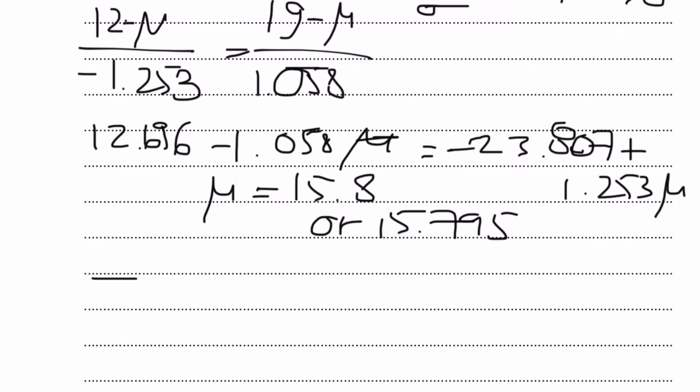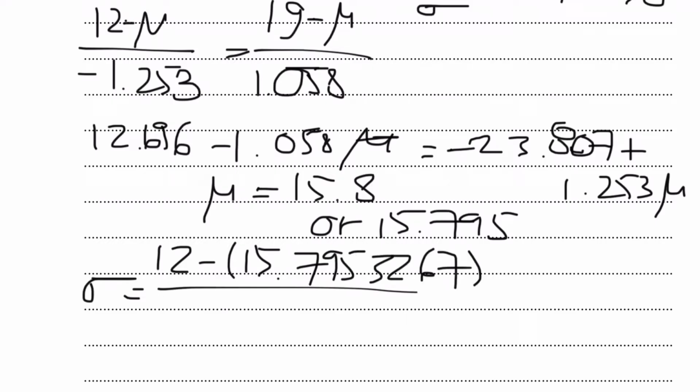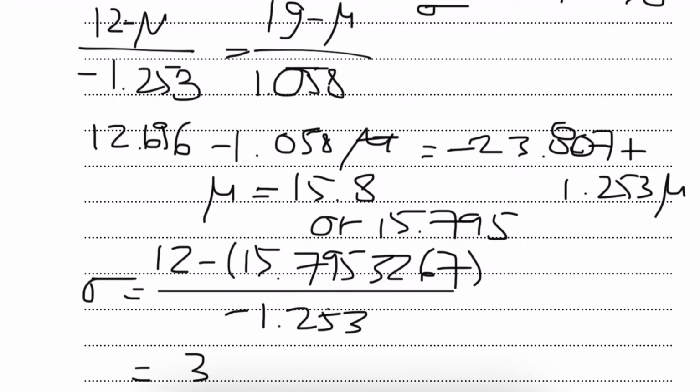To find sigma, I will use one of the equations, so 12 minus the full value of the mu before the estimation, 795, by -1.253. This will give you 3.0289, which is estimated to 3.03.